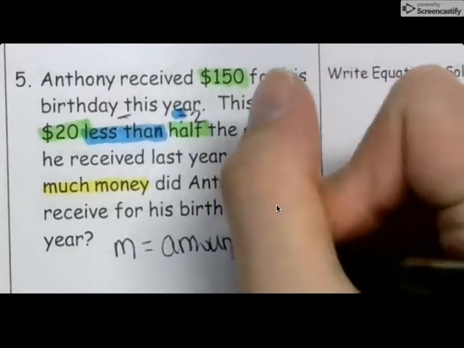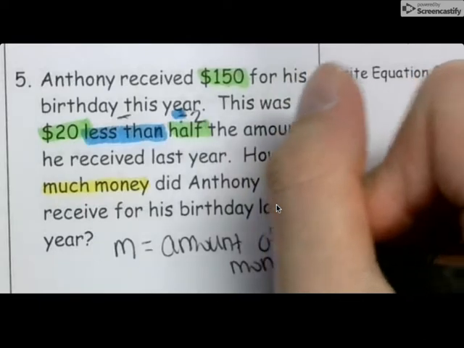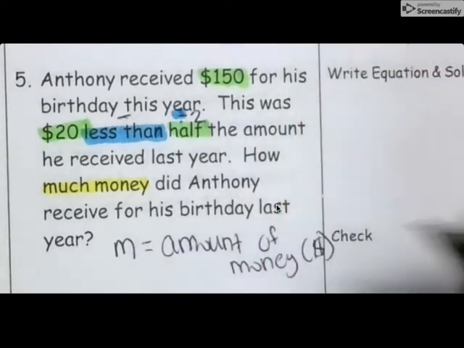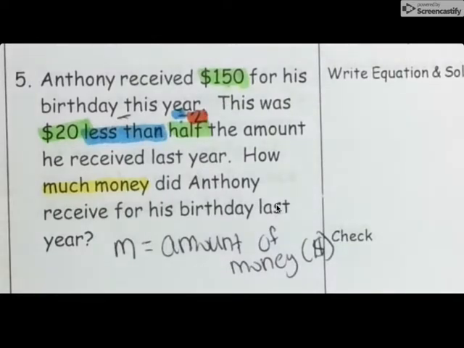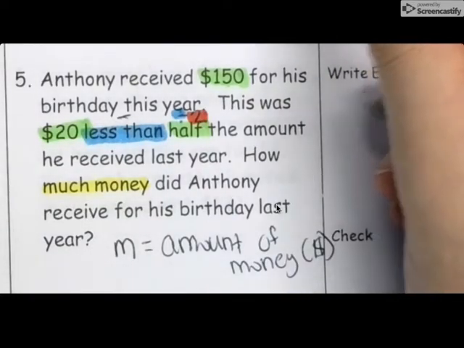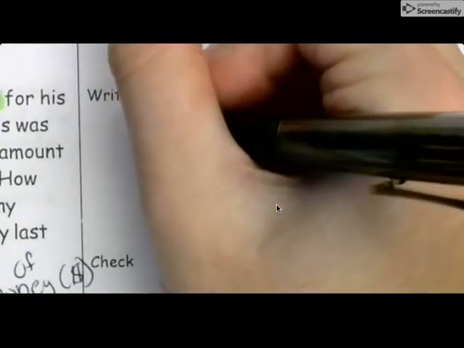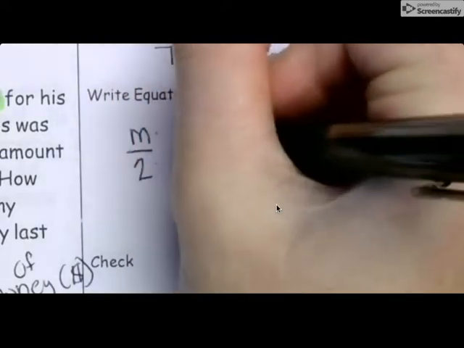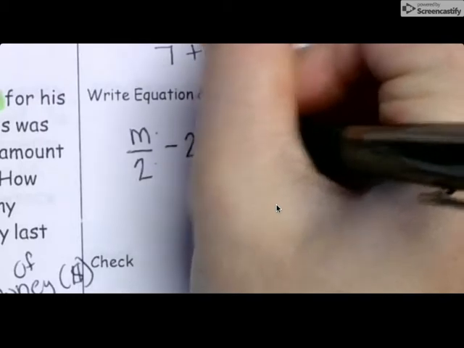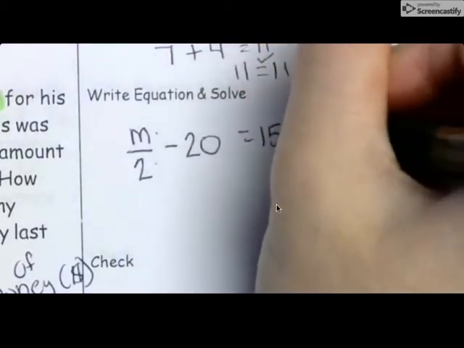And money in the U.S. is going to be dollar bills, y'all. All right. Then the very last thing, what is my coefficient? That's going to be this 2. Okay. So I'm going to write it as M over 2. So it's money divided by 2 minus 20 is what he earned this year.